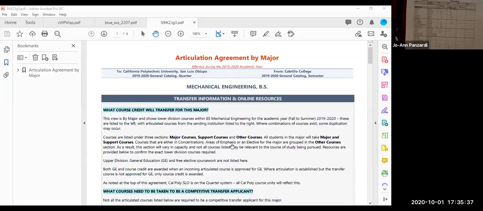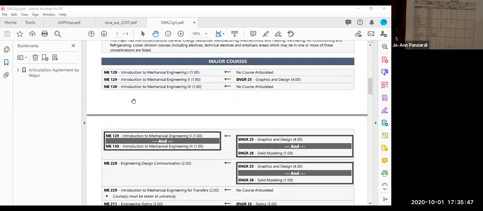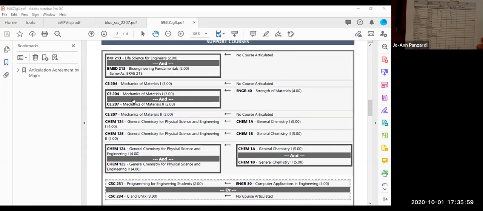Okay, so here's the articulation agreement. Notice it looks a little newer. On the right side, it says Cabrillo, and on the left is Cal Poly. So I'm going to look down the right side. So I see 25 and 26. I see 35. I see 40.